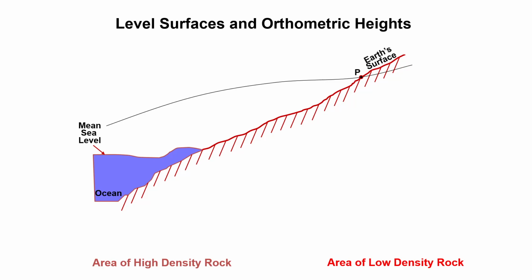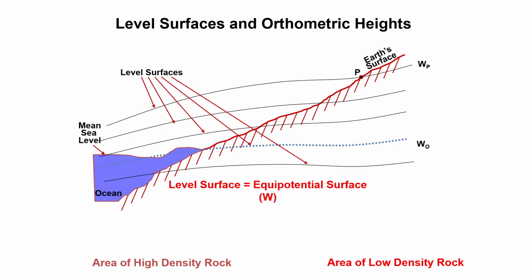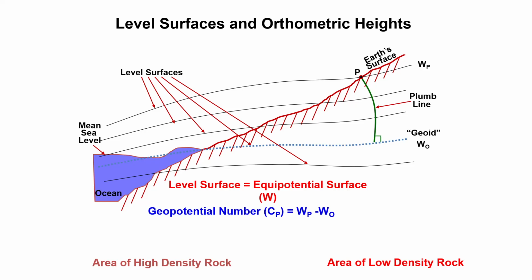Here you can see the geopotential or level surfaces, and we just put our instrument in between these points and measure the elevation differences, and in every case we put our instrument rotation axis parallel to the plumb line at every point.